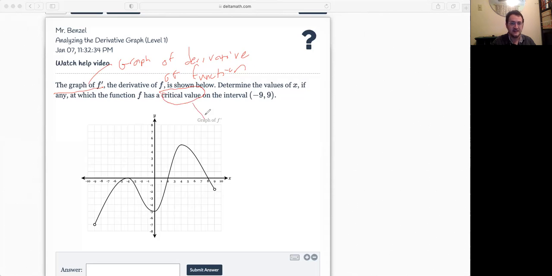to 9. So critical value means that we are looking for where the derivative is equal to 0.